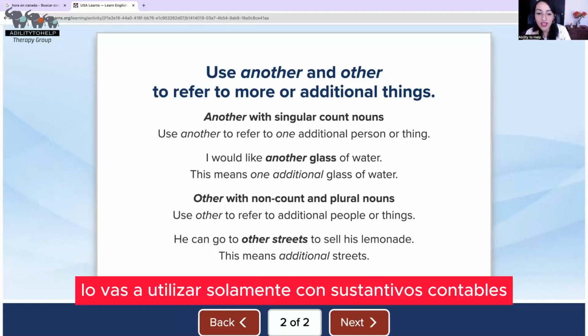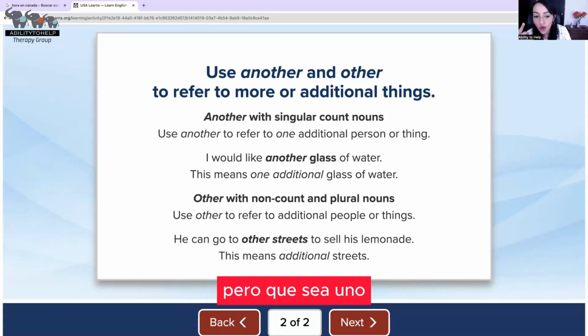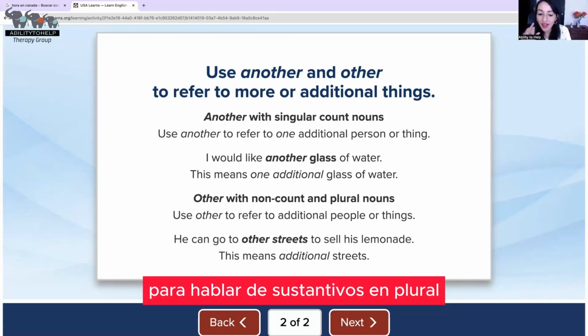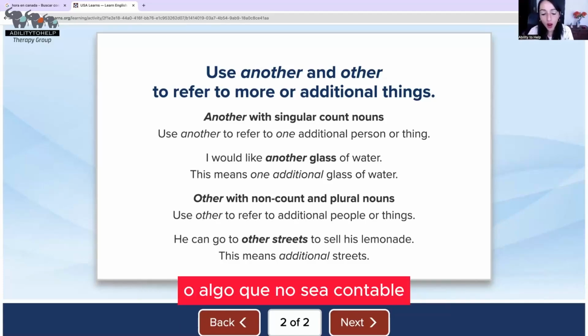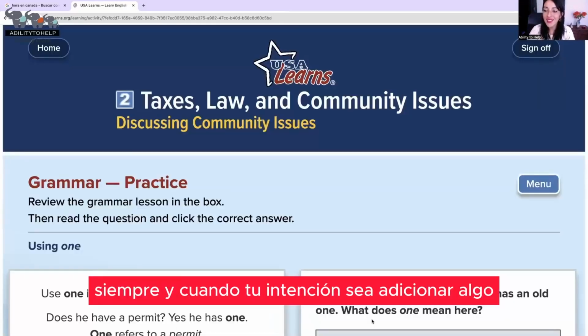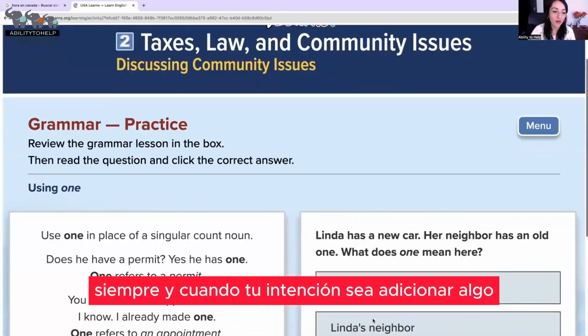Another lo vas a utilizar solamente con sustantivos contables, pero que sea uno. Y other lo vas a utilizar para hablar de sustantivos en plural o algo que no sea contable, siempre y cuando tu intención sea adicionar algo.